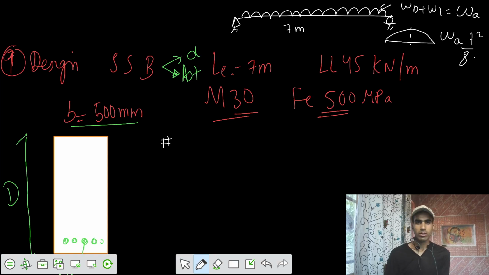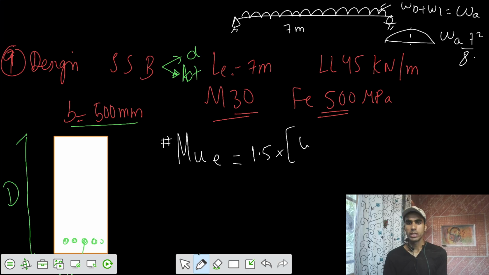Now, if you apply the load factor, or load combination factor, 1.5 for dead load and 1.5 for live load, then finally the external factored bending moment, that we represent as MUE, is 1.5 times (WD plus W live) times L square divided by 8.